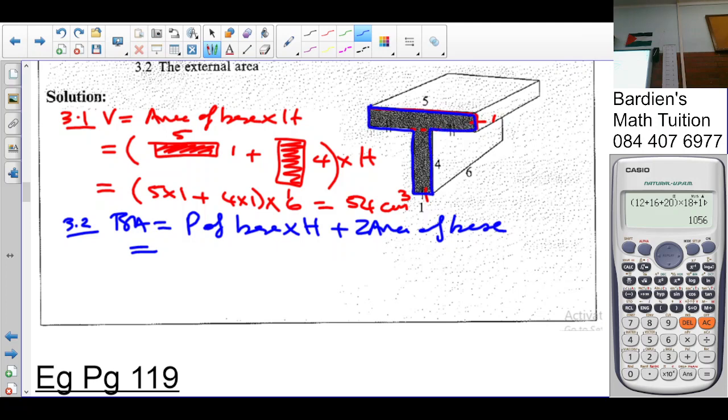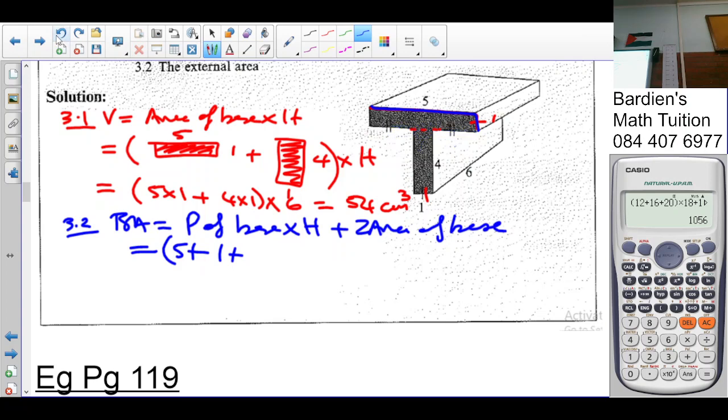That's how we get the perimeter of the base, not so? So that's going to be 5 plus 1 plus. Now you see that length there, this whole length is 5. If this is 1, that is going to be 2 and 2. Can you see that, people?